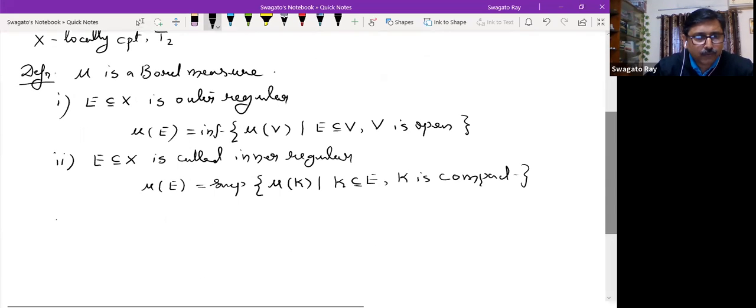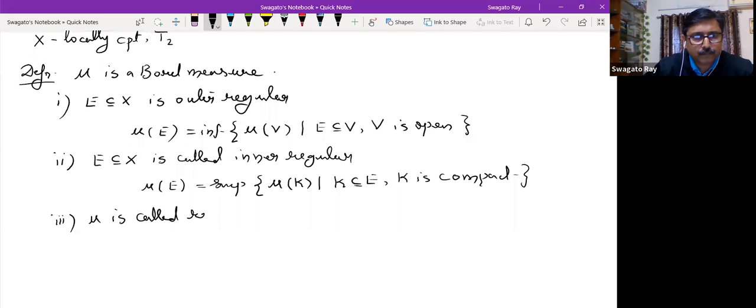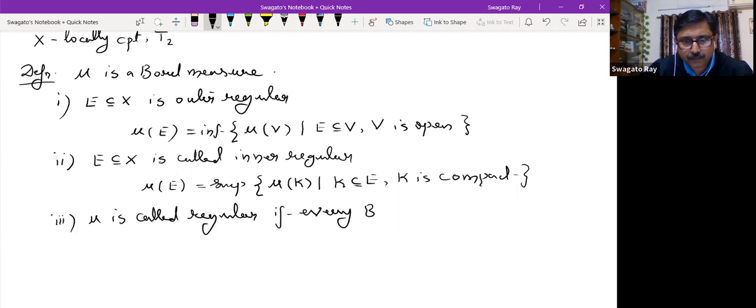A measure mu on X is called regular if every Borel set E is inner regular as well as outer regular.